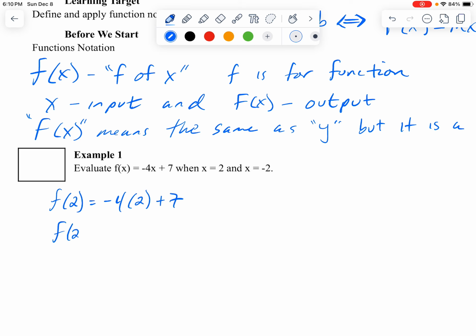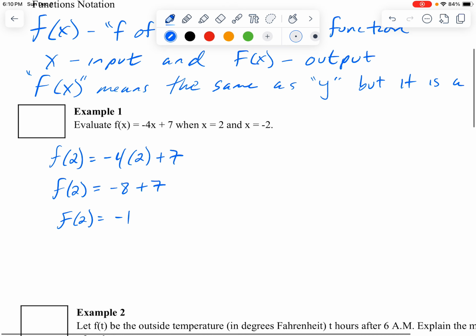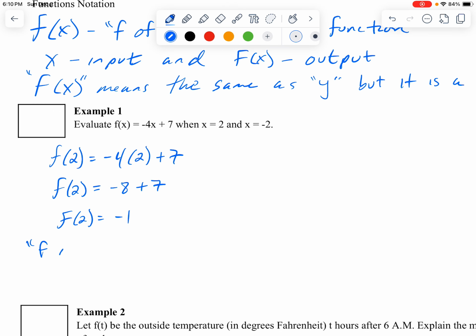So f of 2 is negative 4 times 2, which is negative 8, plus 7. That would be negative 1. So f of 2 is negative 1. That's how we would say that. We would say f of 2 is negative 1, or equals negative 1. Either way is fine.